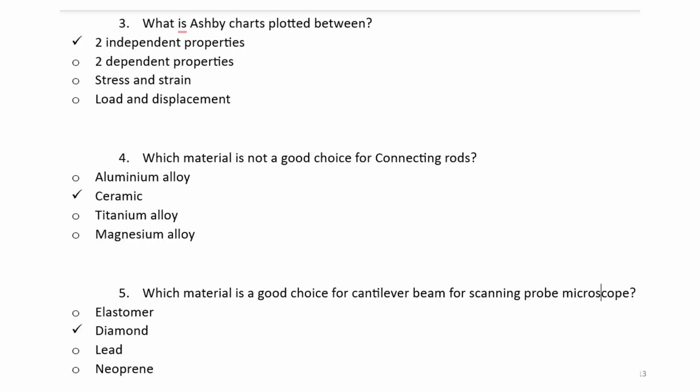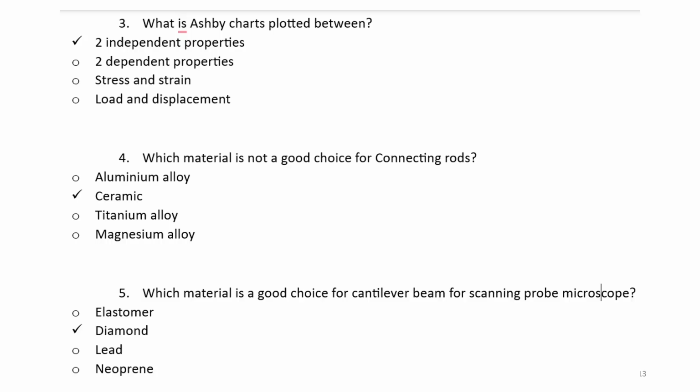For light materials with good fatigue properties, aluminum alloy, titanium alloy, and magnesium alloys are the ones, and also beryllium alloy, they provide good properties. Ceramics undergo catastrophic failure, so they can't be used as connecting rods.